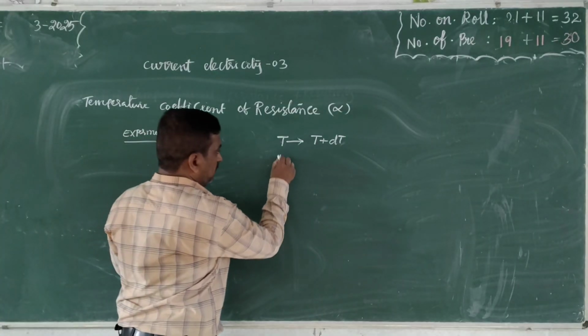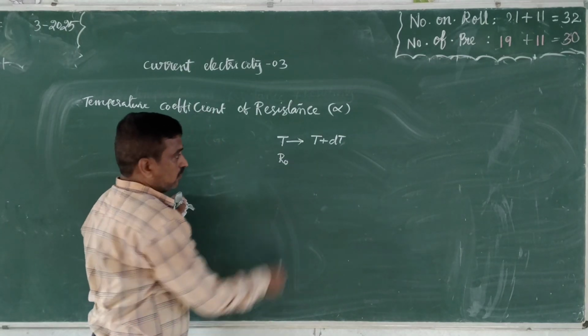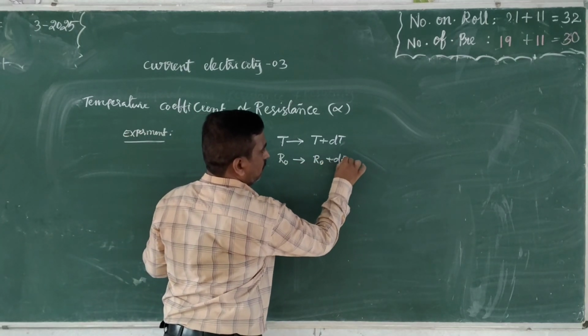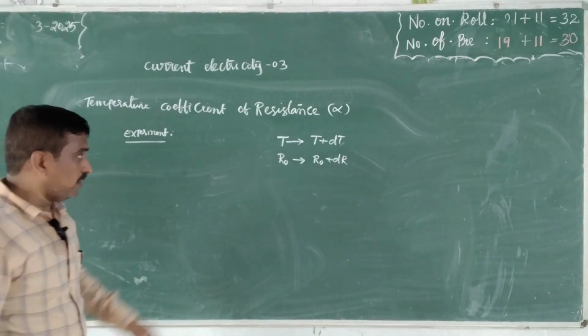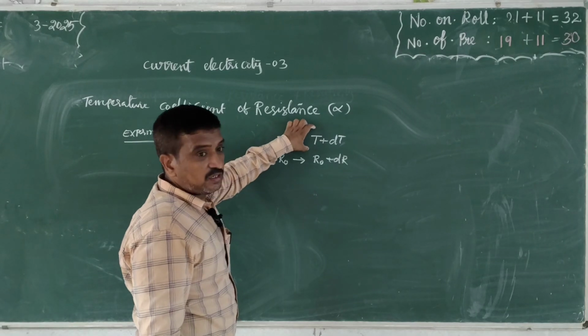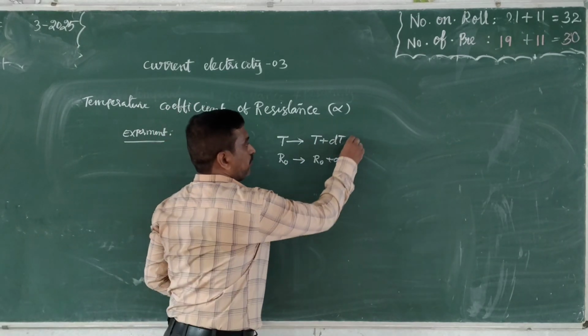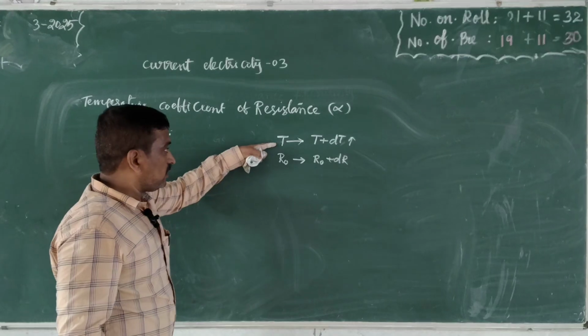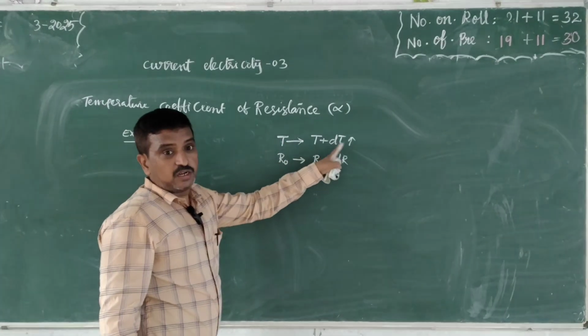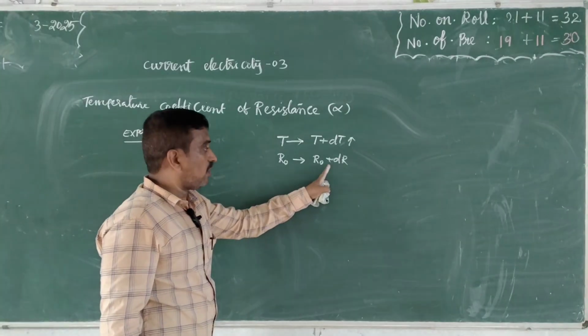Initially the resistance is R naught. When the temperature increases by dT, the resistance also increases, to R naught plus dR.